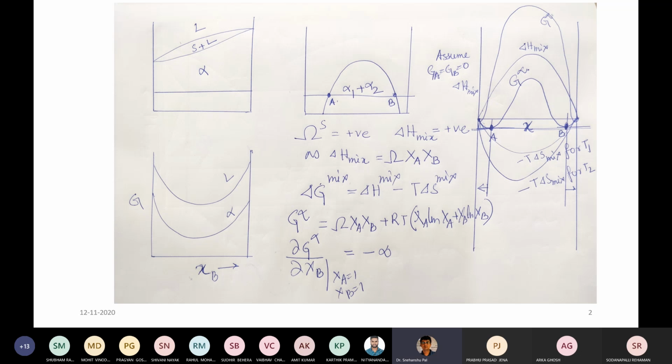So now we have to understand why this kind of bottom depression is there. If you assume that the pure component terms are not there, because we have already taken GA equals GB equals 0, then you will get the expression of G alpha, that is omega XA XB plus RT in brackets XA ln XA plus XB ln XB.